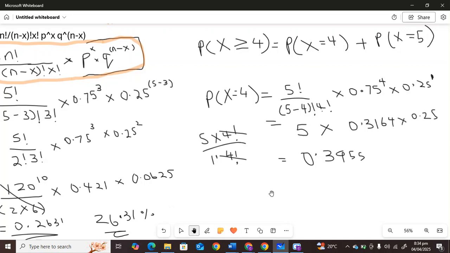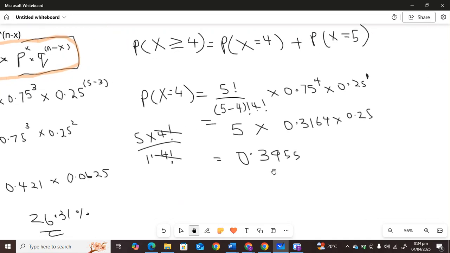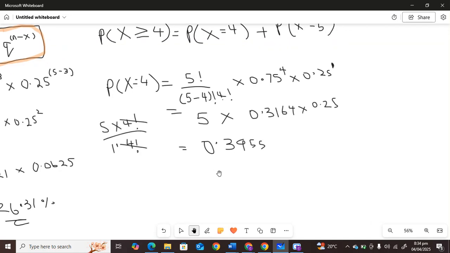All right. Then we have to get the probability also that 5 people recover.